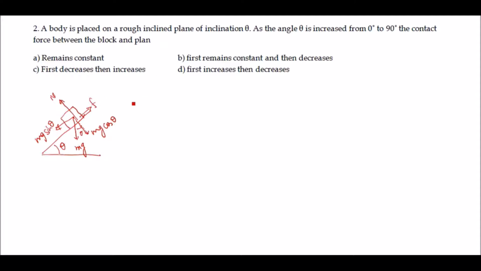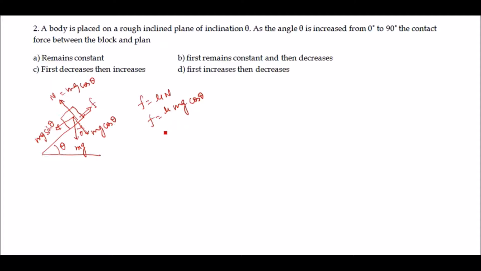Now, as we know, till the angle of friction the object will not move. If you write the frictional force, F is equal to mu n, and F is equal to mu mg cos theta, as n is equal to mg cos theta.